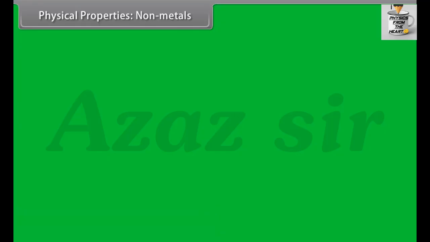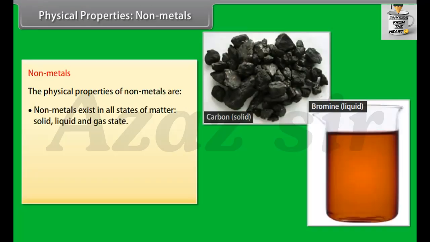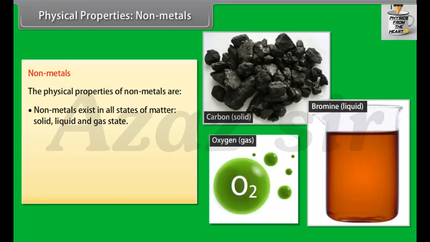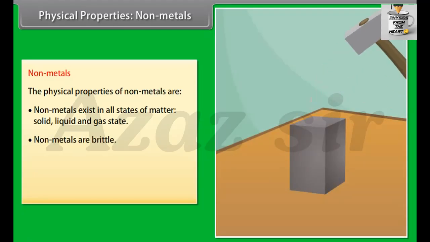Physical properties. Non-metals. Let us now look at the physical properties of non-metals. Physical state. Non-metals exist as solid, liquid, or gas at room temperature. Gas: oxygen, chlorine, fluorine. Liquid: bromine. Solid: carbon. Non-malleable and non-ductile.